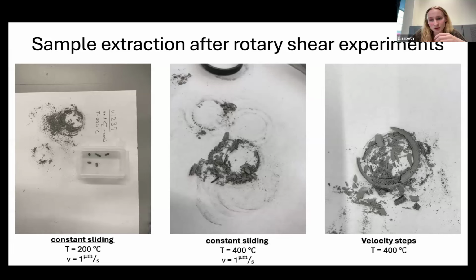So it's very hard to do thin sections. It gets better with higher temperature and faster sliding velocity, but I'm also interested in the low temperature ones and slow ones.